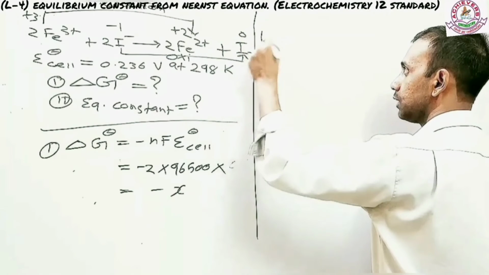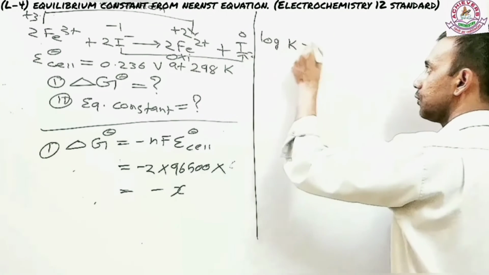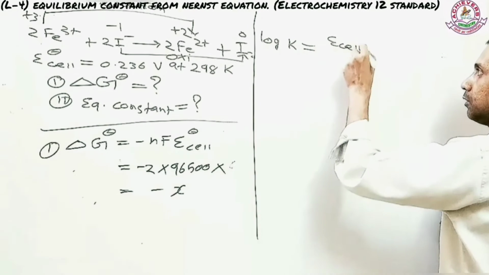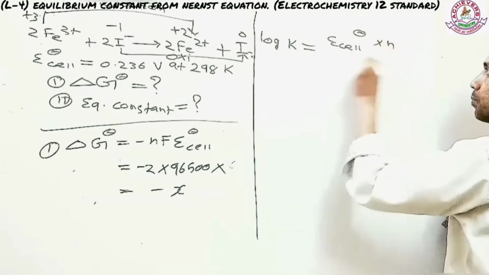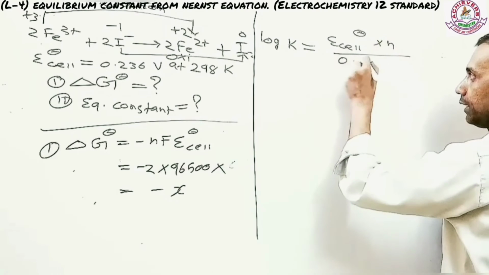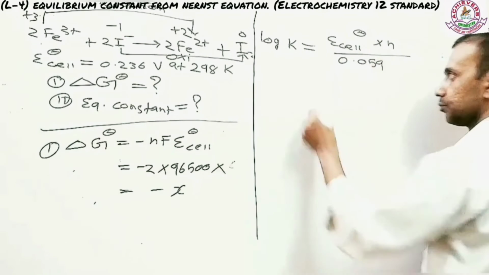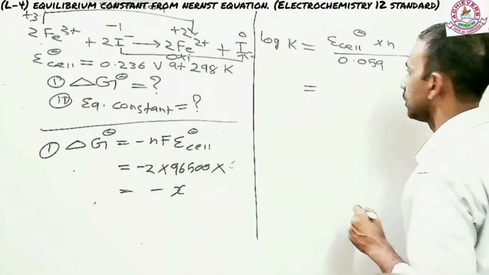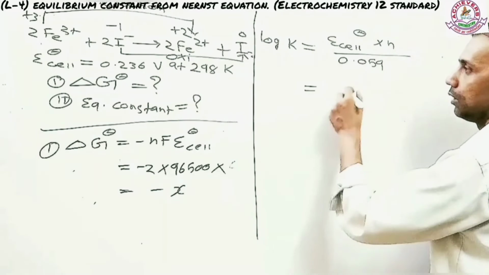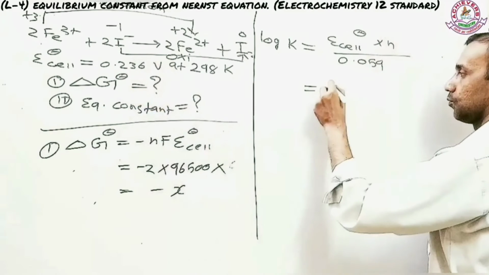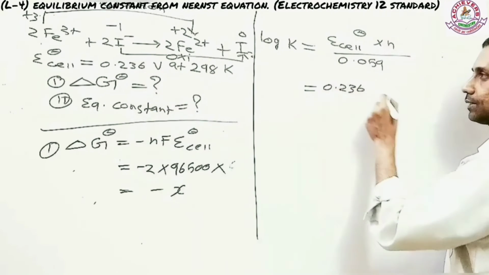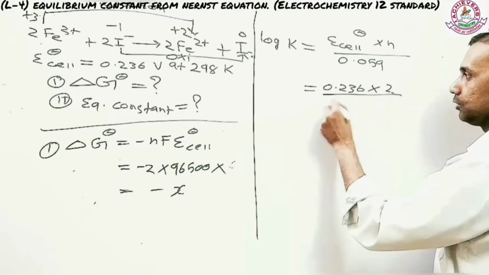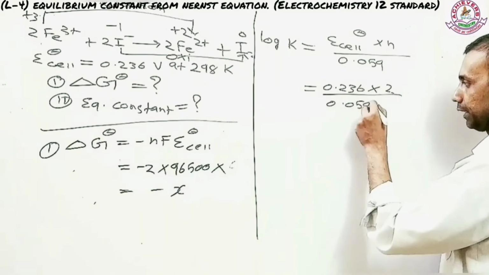If you remember, a moment back we had log K equal to E naught cell into n divided by 0.059. So E naught cell you already have, 0.236, multiplied by 2, because that is the value of n, and then divided by 0.059.